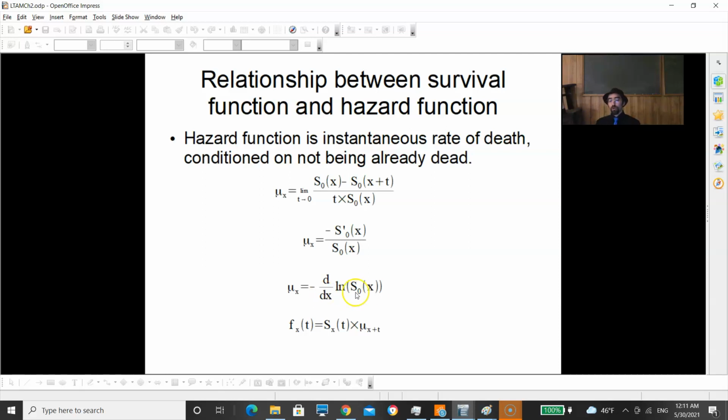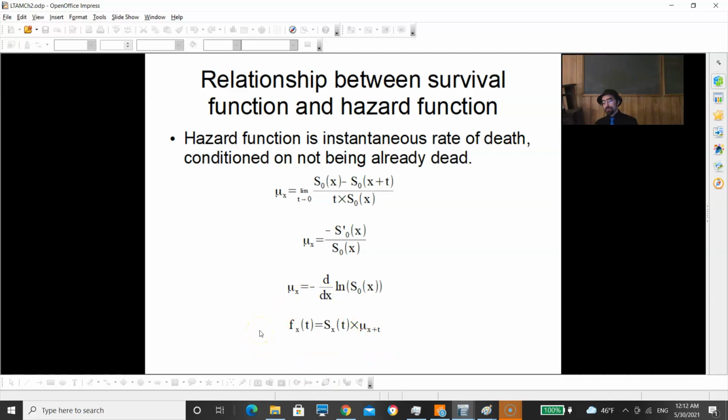You could also invert this to say that survival is e to the negative antiderivative of force of mortality. But we'll deal with that a bit more later. One other formula that I just didn't know where else to put, but I've got it down here.